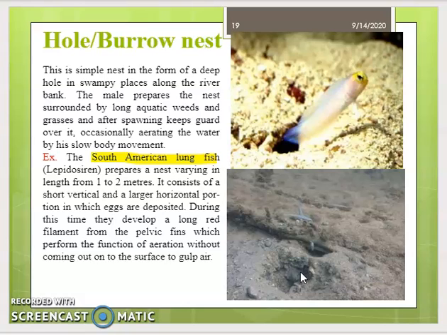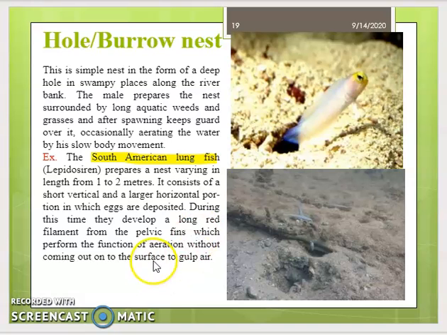As we have discussed about the lungfishes, they are able to live in swampy areas, mud areas, and they will come out of the water to gulp air.